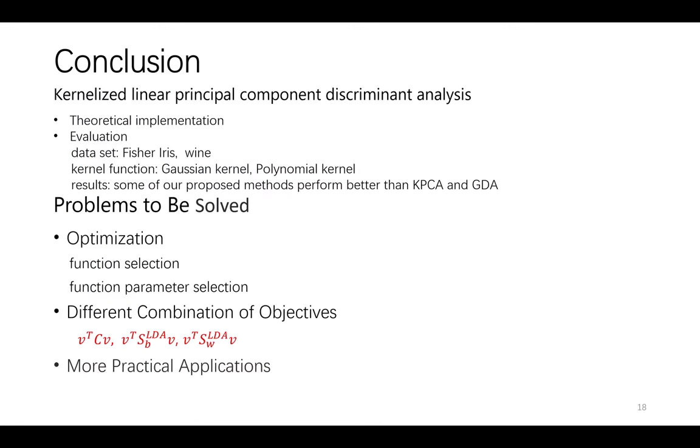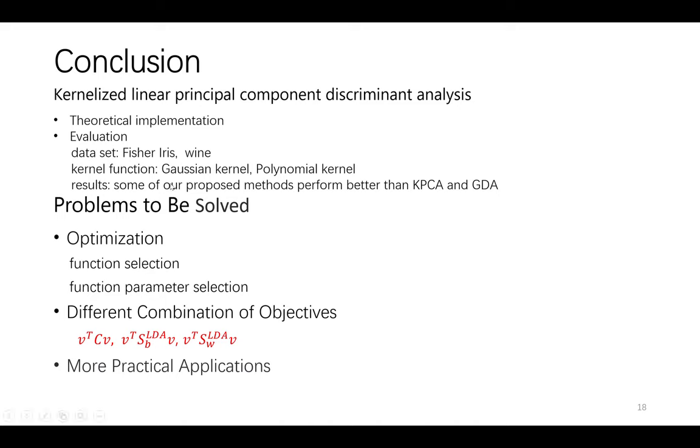Now we come to the conclusion part. I introduced the kernelized linear principal component discriminant analysis from the theoretical implementation and the evaluation results. In the evaluation part, we use 2 datasets, Fisher iris and one other, and we choose 2 kernel functions, Gaussian and polynomial kernel, and we receive the results.